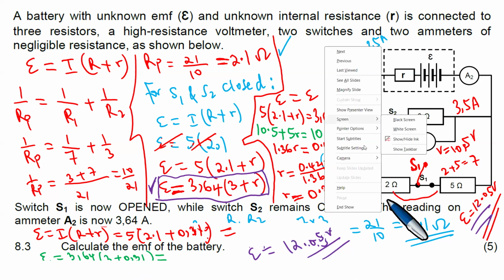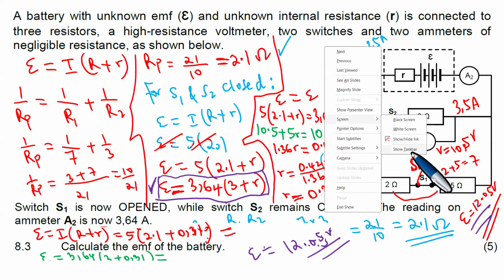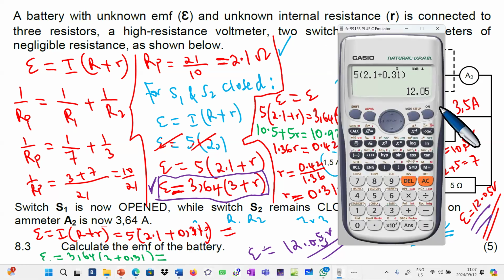Let's use the calculator now. Three plus 0.31, which is exactly 12.04 or 12.05, yeah?